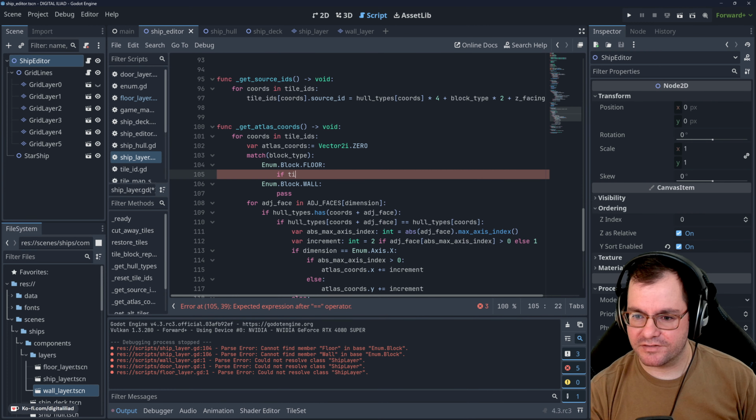So if we're a floor and above us is a wall, then we're just going to get rid of the... We'll need to change what we're doing based on our dimension.